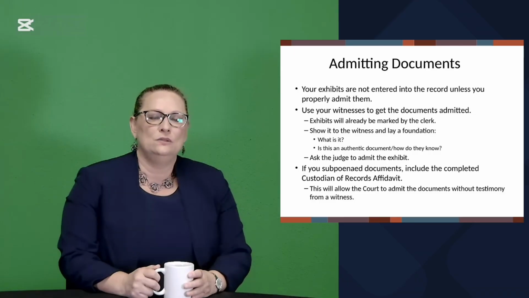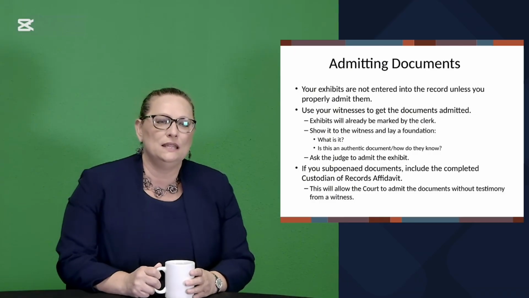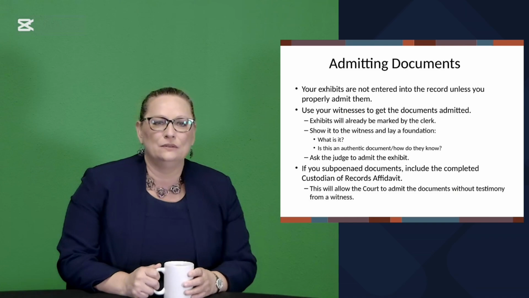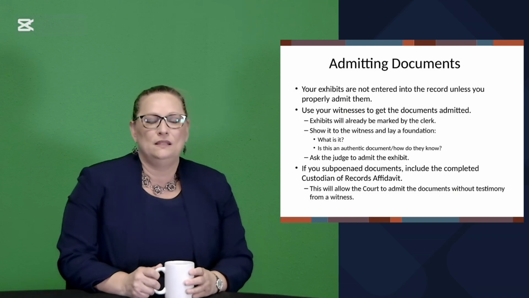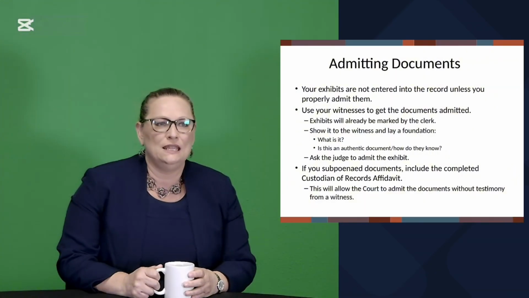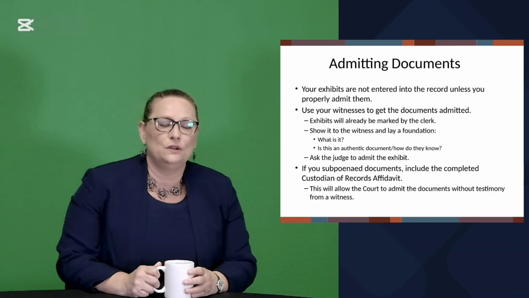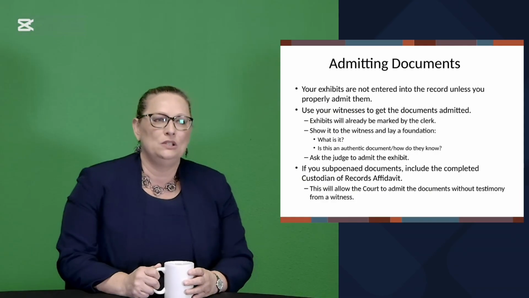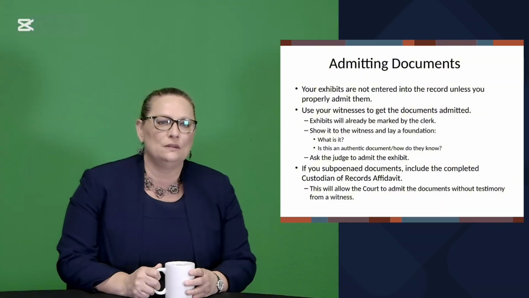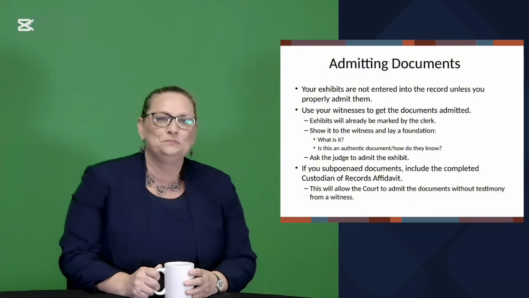In order for them to be admitted, often you have to lay some foundation with the witness, asking, what is this? Or something that sets up the background for the document. And if it's something that needs to be authenticated, then you need more information, like when was this photo taken? What does it depict? Who took the photo? Things like that, in order to make sure that it's an authentic document. You would get that information from the witness who's on the witness stand when you're asking about it.